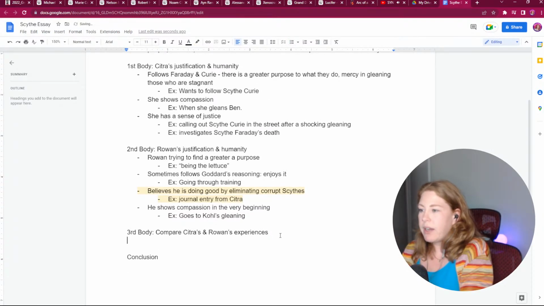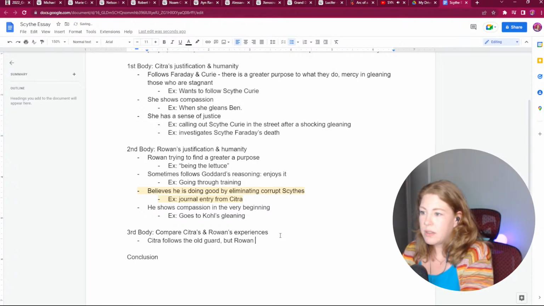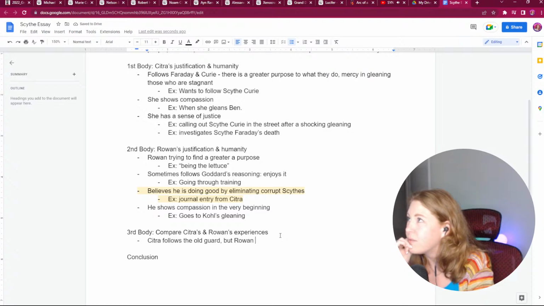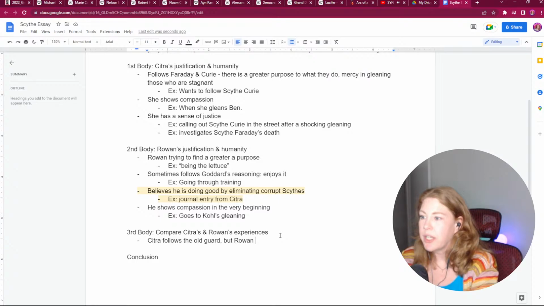And then if we compare and contrast their experiences, let's talk about Rowan. Okay, so Citra follows the old guard, but Rowan is kind of going with the new. He's not really going with the new, though, right? He's not really going with the new guard. He's more like, he's going his own direction, right?